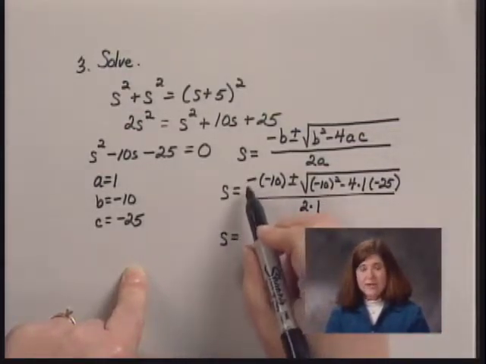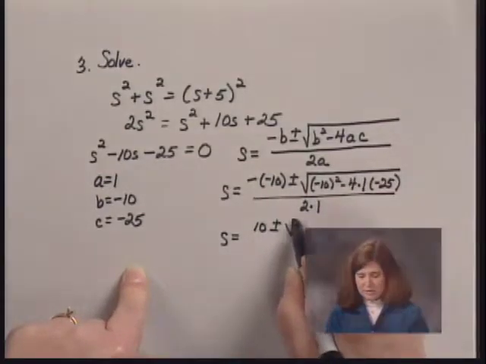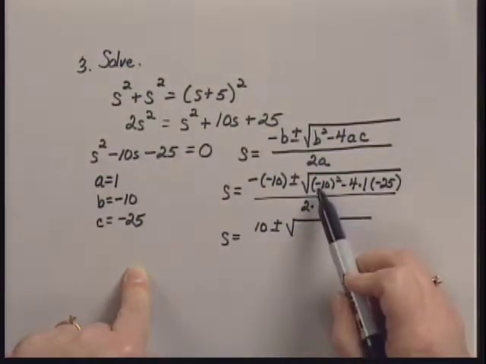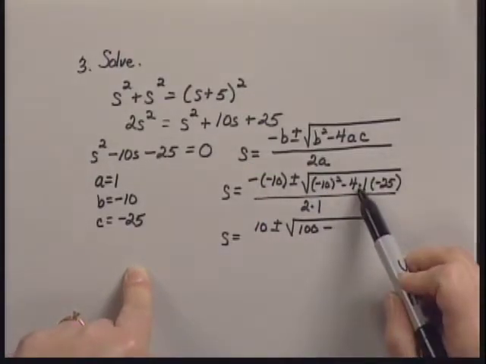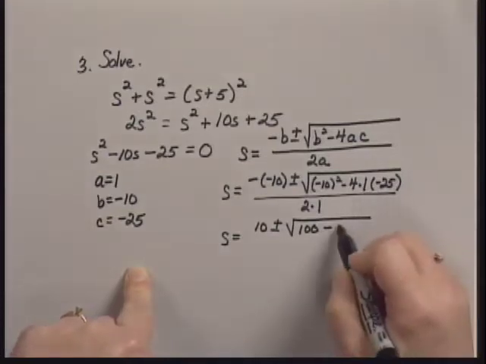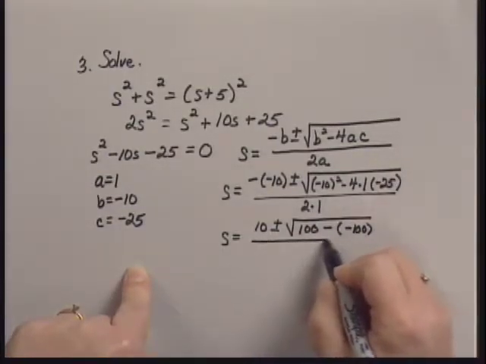So s equals the opposite of negative 10, which is 10, plus or minus the square root of negative 10 squared, which is 100, minus 4 times 1 times negative 25, which is negative 100. And that's all over 2.